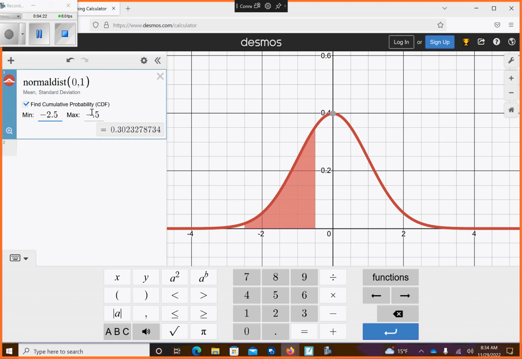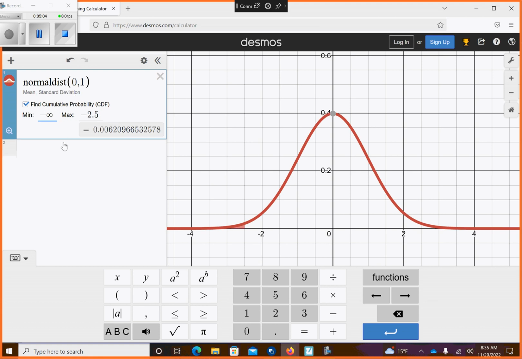And then negative 2.5 to negative 1.5. So that means that 6% would earn a D. And then negative 2.5 to negative infinity.